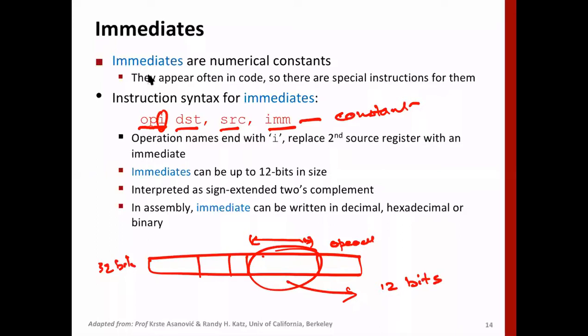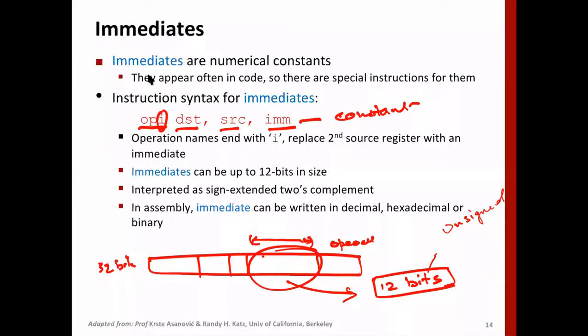Okay. So now the question is that if it's 12 bits, then we can represent only a certain number of constants, right? Now the next thing you can ask is whether these 12 bits are unsigned or signed.